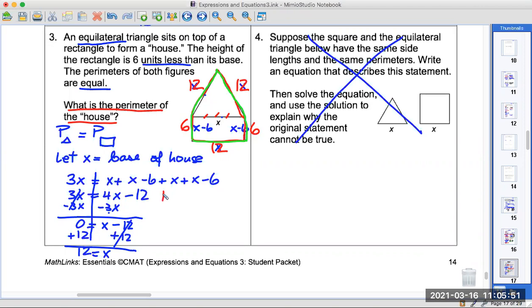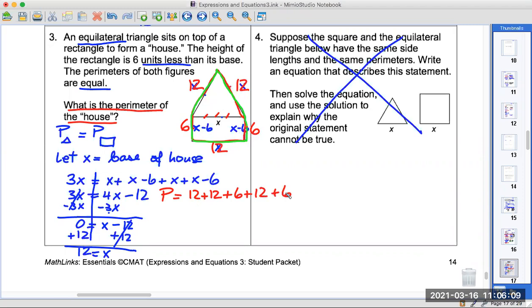So now the perimeter: 12 plus 12 plus 6 plus 12 plus 6. And then I'm going to count 1, 2, 3, 4, 5 sides.